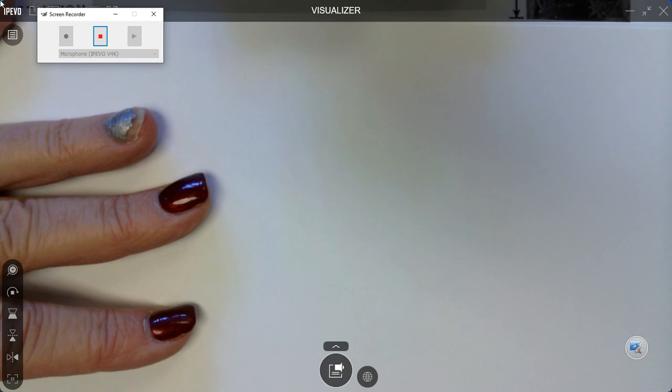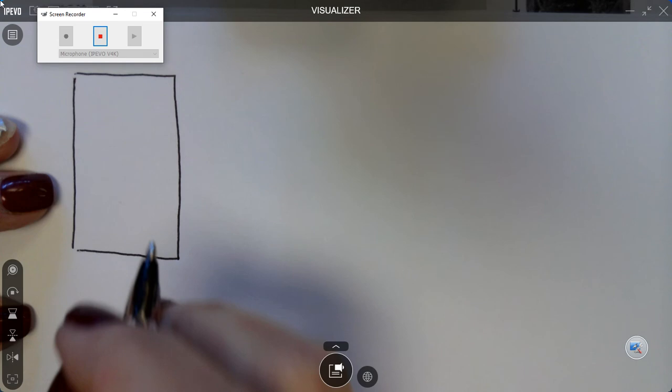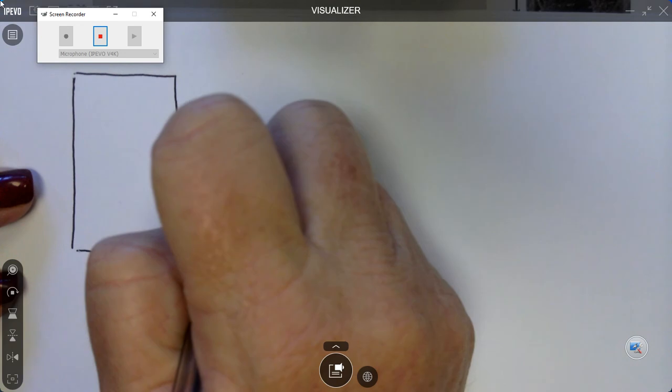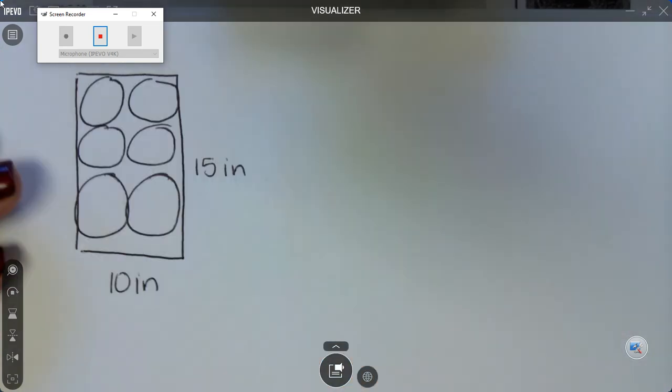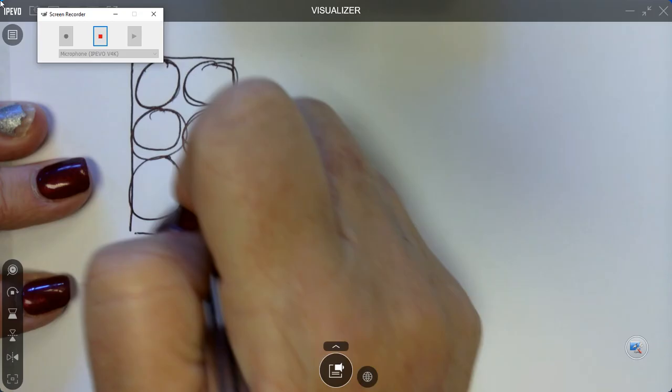Yes, yes. All right, so this is 10 inches. This is 15 inches, and inside, pretend these circles, sorry, this is a drawing, are all the same size, and they touch.